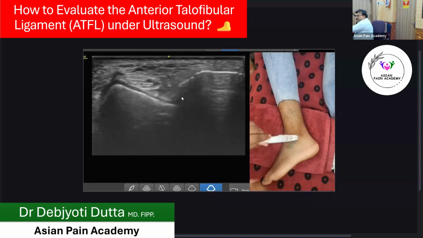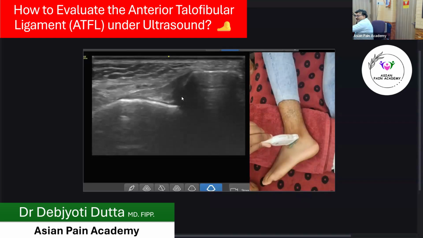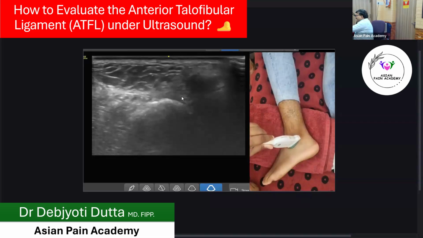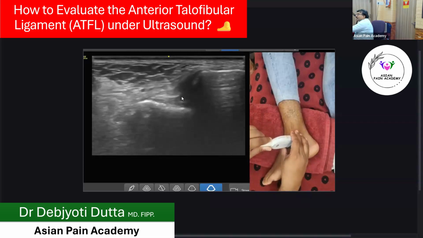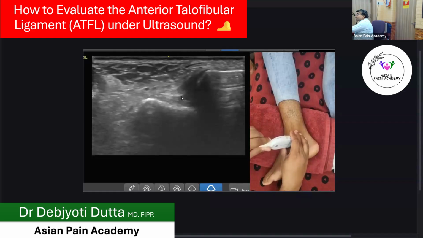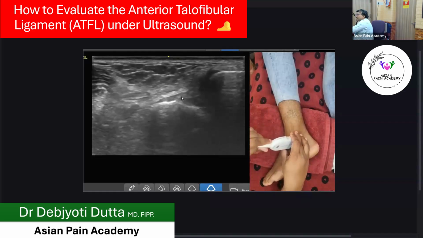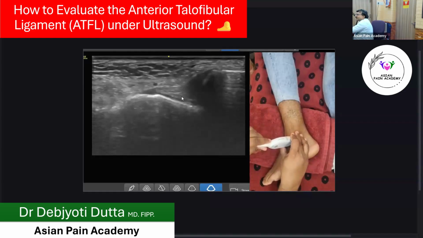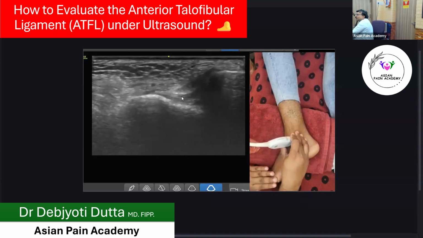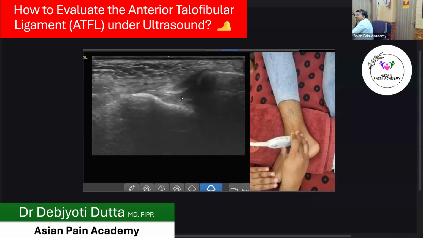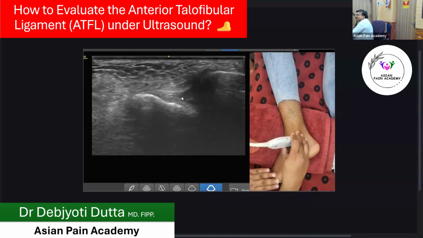I am just rotating it like this, with the other hand. But remember, you don't miss out the fibula. One side you should keep fixed at the fibula, then only you will get the other over the talus. So this will be the anterior talofibular ligament.